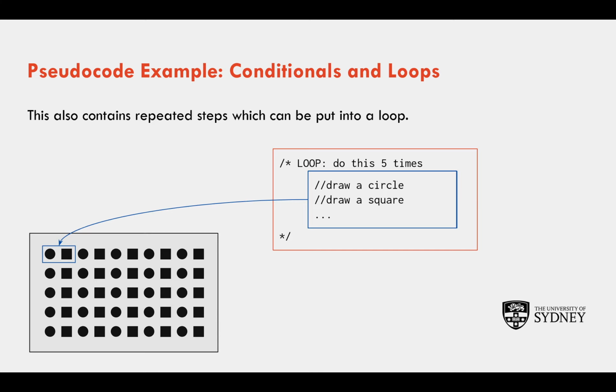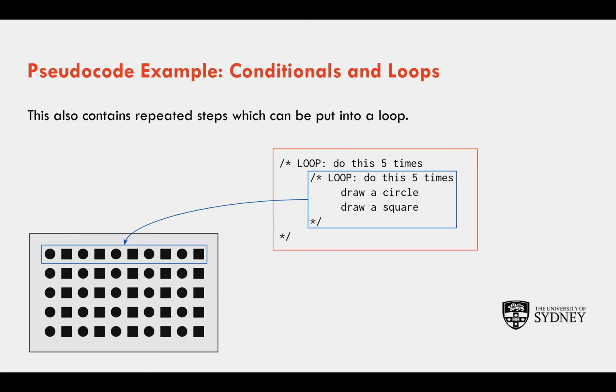So imagining that I was replacing that draw an alternating line with circles and squares, I could break that up into quite a few steps. It's circle, square, it's alternating, it's a pattern. I can identify that pattern and apply a loop to it. So instead I'm going to loop, draw a circle, draw a square 5 times.